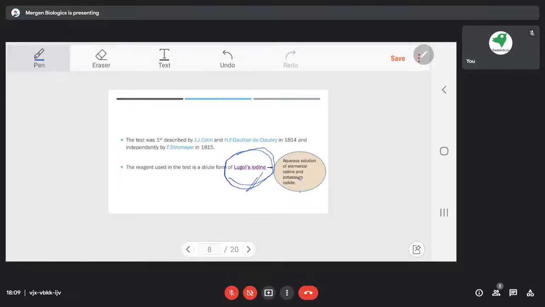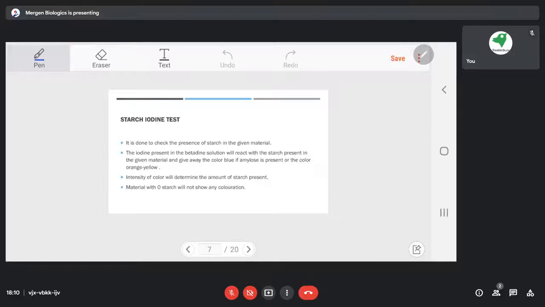So to make it soluble in water or any other solvent, we have to add elemental iodine to potassium iodide, so that it becomes dissolved in the water or the solvent we are using. This test was described by J.J. Colin and H.F. Gaultier de Claubry in 1814, and then it was improved by F. Stromeyer in 1815.